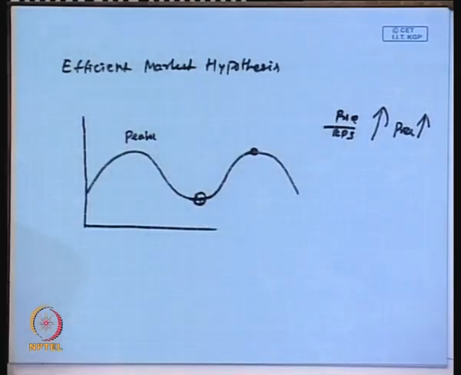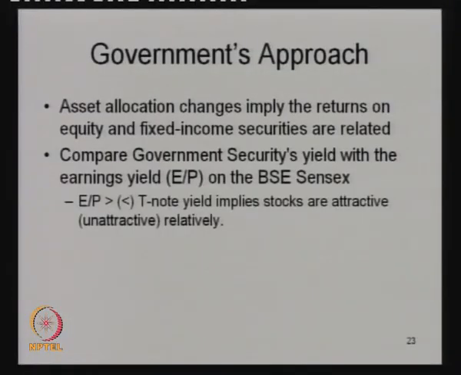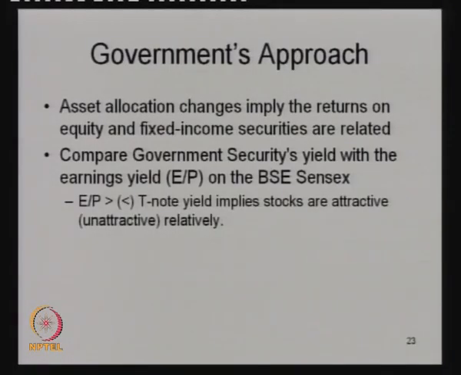Then we move on to the other thing, how the government's policy can also affect the asset allocation changes, which implies the returns on equity and fixed income securities are related. The asset allocation means somebody has an amount of money which he or she can put into stock or into fixed income securities, having a balance of both.